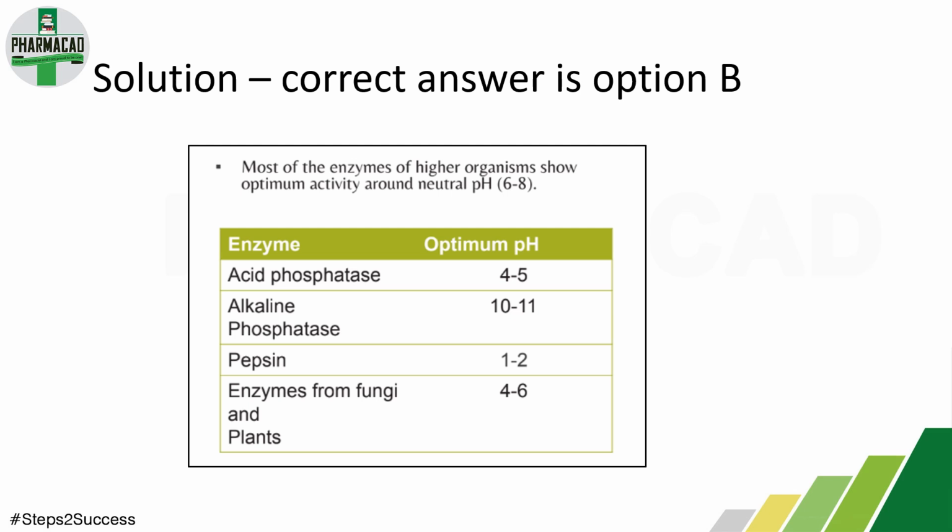Acid phosphatase has an optimum pH of 4 to 5, alkaline phosphatase has a pH of 10 to 11, pepsin has a pH of 1 to 2, and enzymes from fungi and plants have an optimum pH of 4 to 6 to achieve maximum action. It is very important in GPAT and NIPER. This question can be asked.